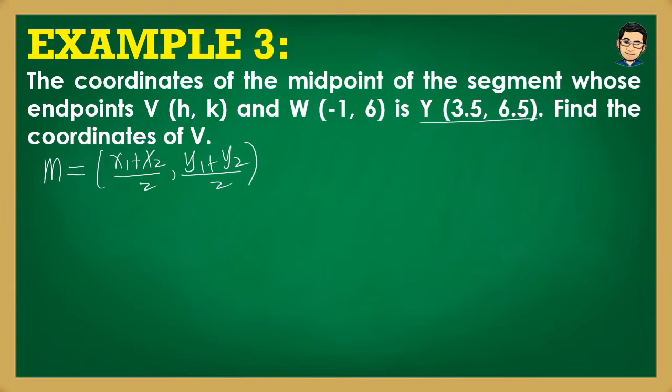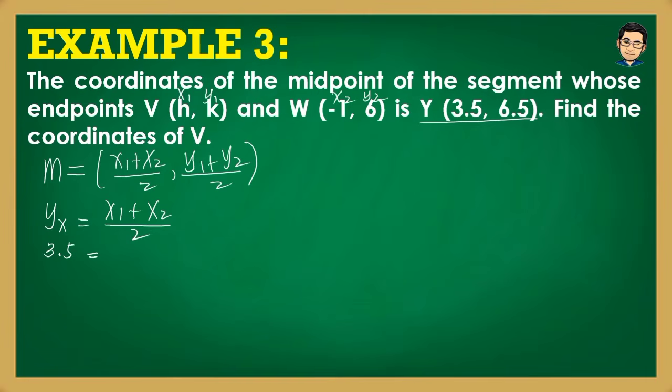So, sulat natin y of x equals x sub 1 plus x sub 2 over 2. And then y sub x is 3.5. Yun yung x coordinate ng midpoint. Equals x sub 1 natin. So, label muna natin sila.